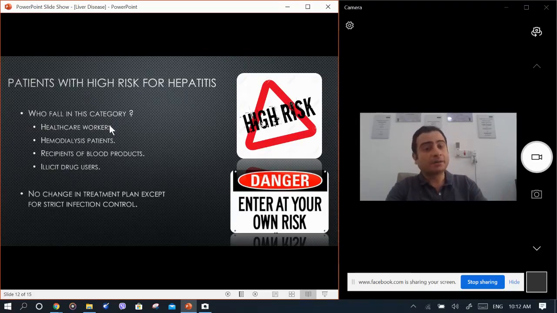They are high risk for hepatitis. Also, you don't need to change anything in the treatment plan except for having a strict infection control policy. And if the operator has been injured during the treatment, those patients need to be referred for serological examination for viral markers of hepatitis.